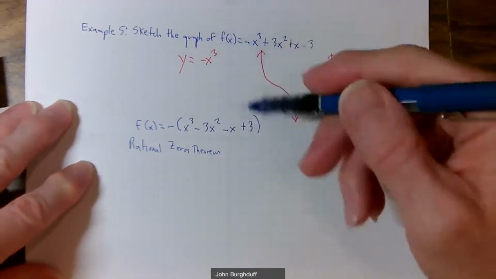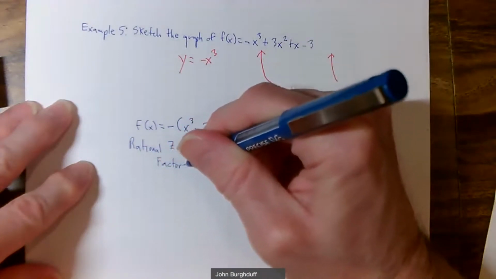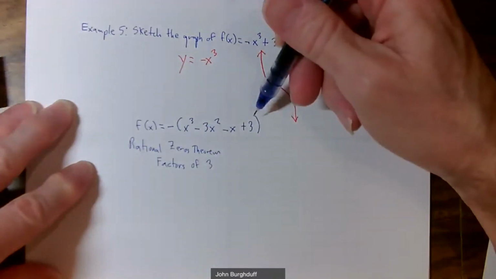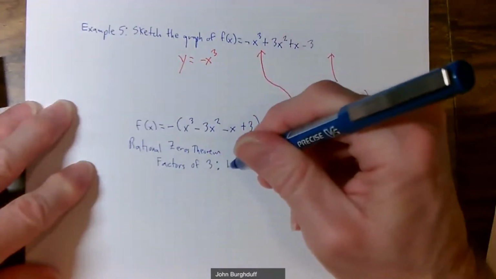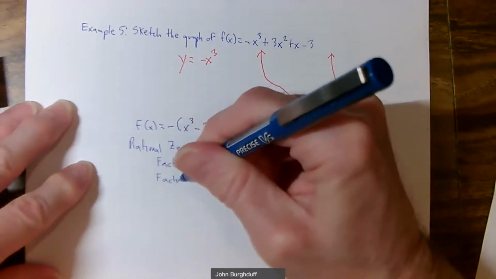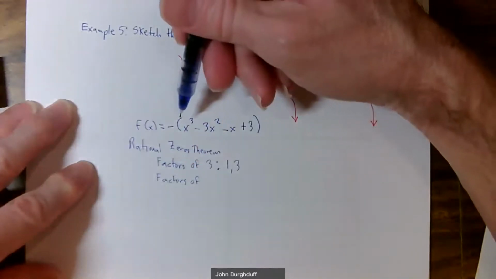And if you remember the rational zeros theorem, what you have to do is look at the factors of the constant term. My constant term here is a 3, and the factors of 3 would be 1 and 3. And also the factors of the leading coefficient, whatever coefficient comes up front.